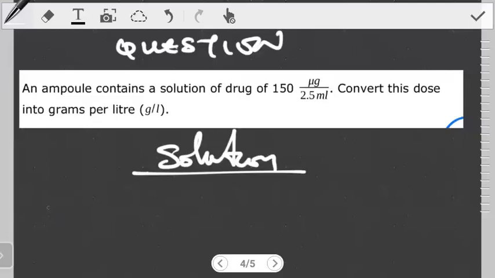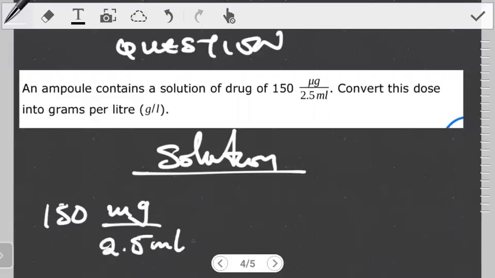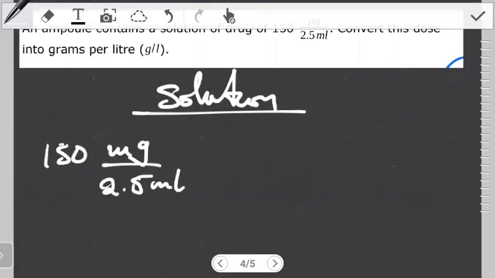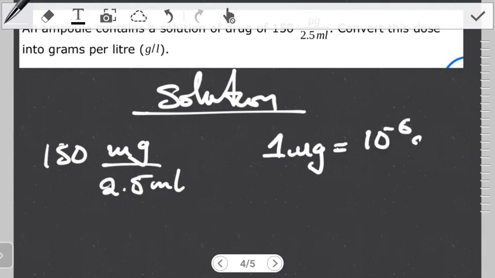So we want to convert 150 micrograms per 2.5 milliliters. What we know about the micro is that 1 micro is equivalent to 10 to the power negative 6. In other words, 1 microgram is the same as 10 to the power negative 6 grams. When working with negatives, I always prefer to have the bigger unit first.